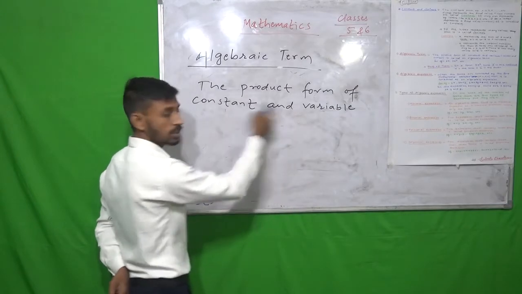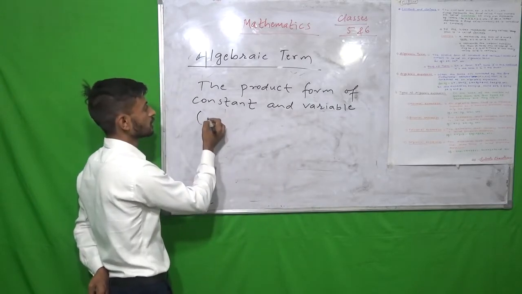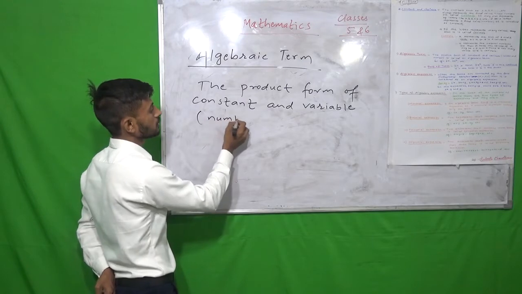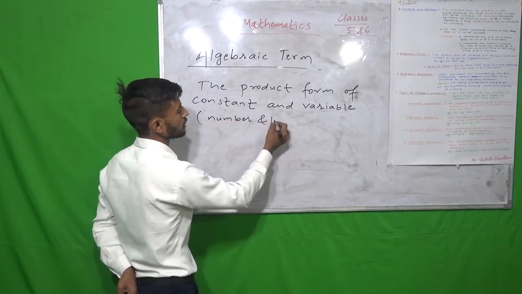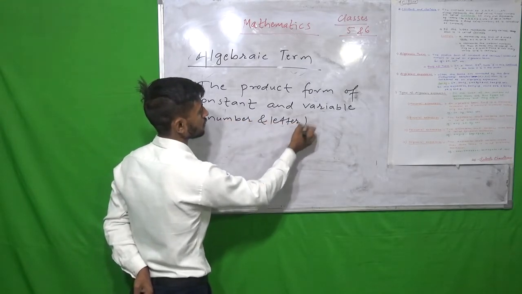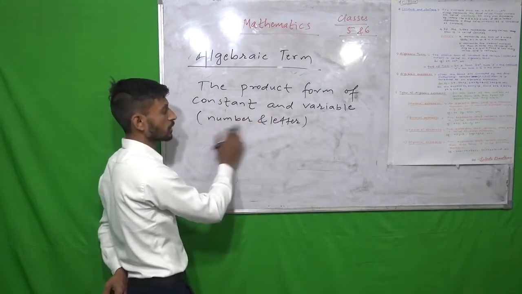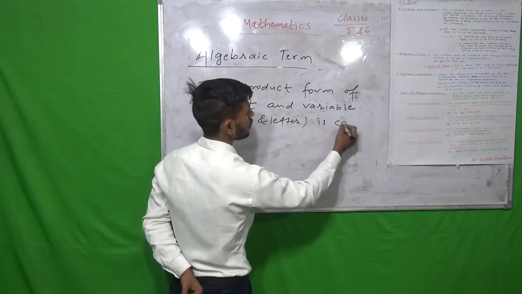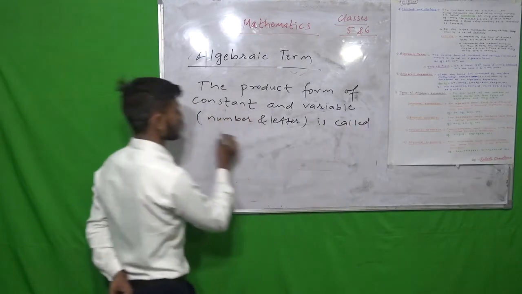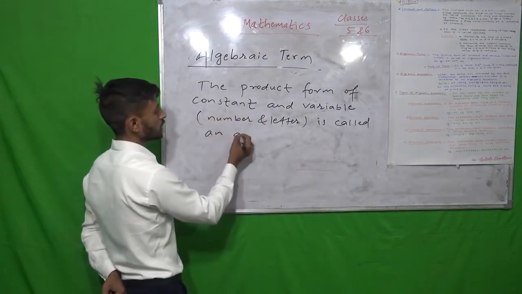Constant and variable means the number and letter. The product form of constant and variable, that is number and letter, is called an algebraic term.